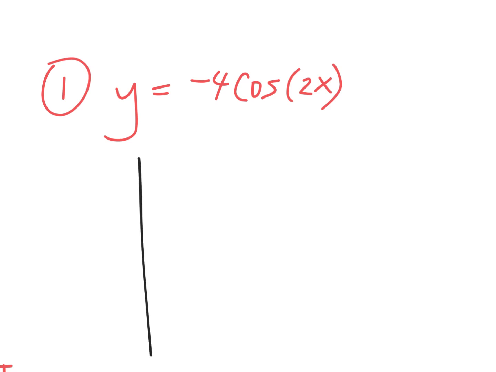Y equals -4 cosine, and then parentheses 2x. All right. Looks like they made 3 changes to cosine. So just start by doing regular cosine. Always just start with the normal one. It's so much easier.